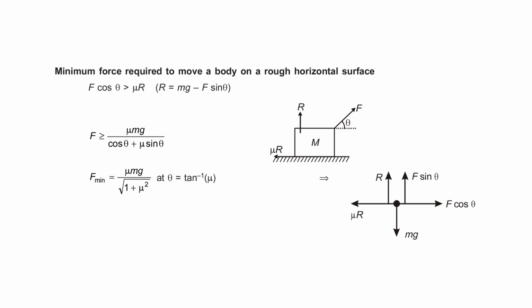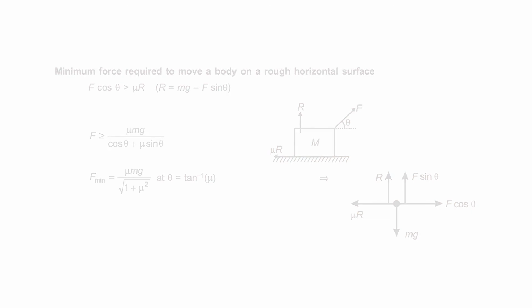F is greater than or equal to mu mg divided by (cos theta plus mu sin theta), and F minimum is equal to mu mg divided by root over (1 plus mu square), where theta is equal to tan inverse mu.